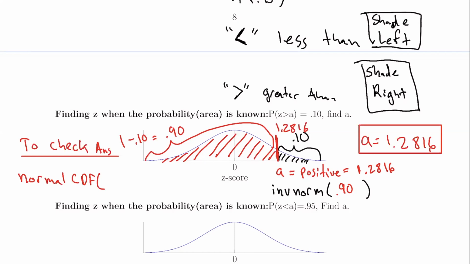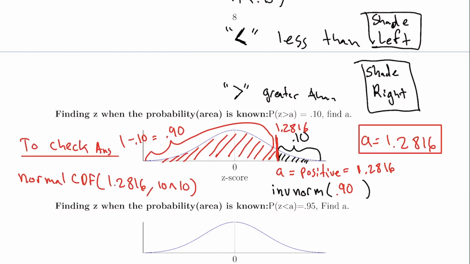It depends if you want the probability of the red or the probability of the black. I'm going to get the probability of the black. If you look at the black area that I shaded, the lower bound will be 1.2816. The upper bound keeps going to the right-hand side, so technically it's 10 to the 10 power. So if you were to do normal CDF 1.2816, comma, 10 to the 10 power, it should give you a probability close to 0.10.